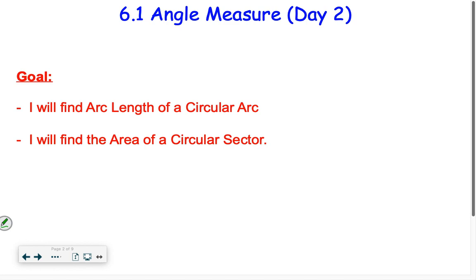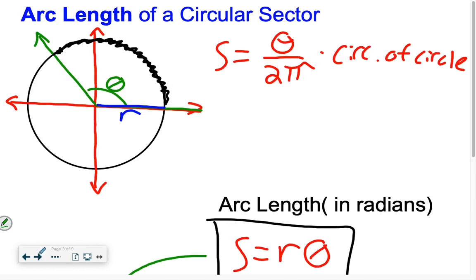We're going to find the arc length of a circular arc, and then we're going to find the area of a circular sector. So if we cut a piece of pizza out of a pizza, we can find the area of that. Okay? So, arc length of a circular sector, s. We can ignore the proof for now.